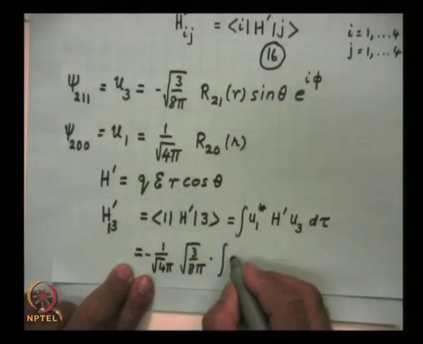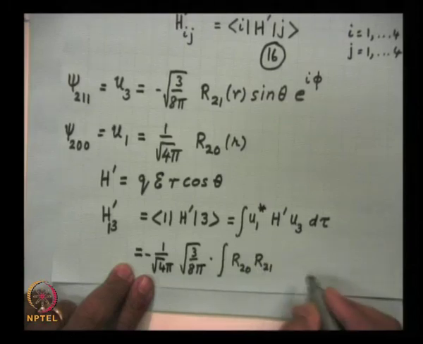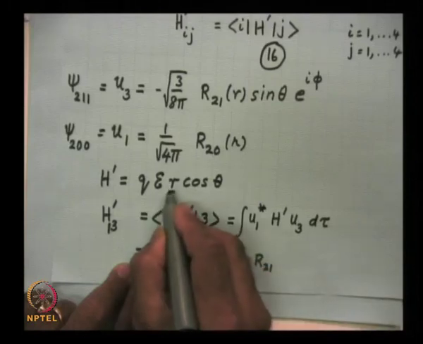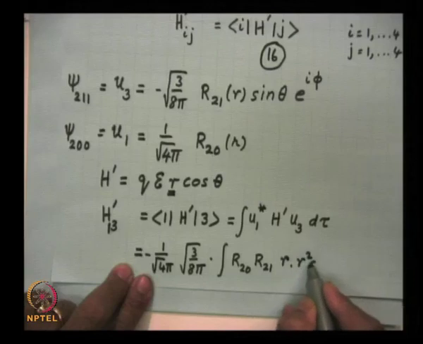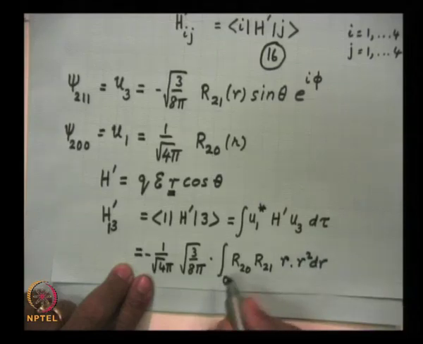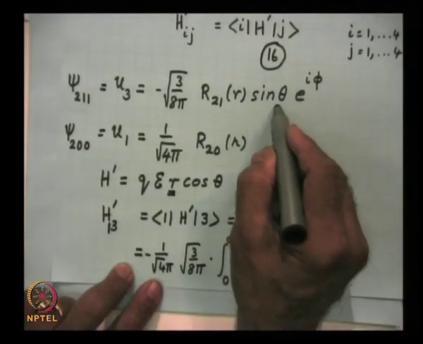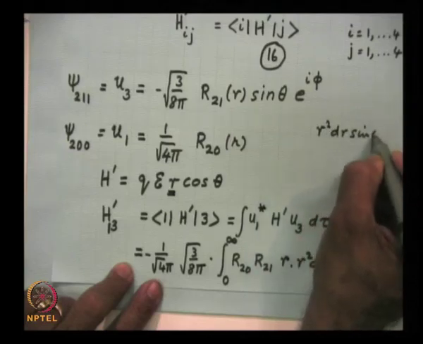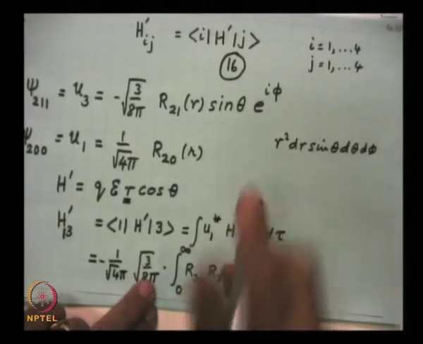So, the r integral will be r 2 0 r 2 1 times r square times r here, that is r, and then the volume element we will consider r square dr from 0 to infinity. The theta integral will be sin theta, and the volume element consists of r square dr sin theta d theta d phi. So, this is d tau.